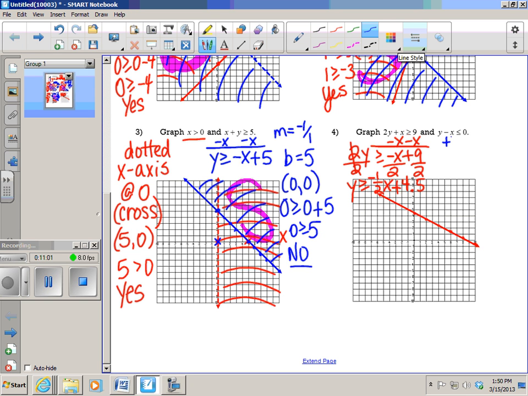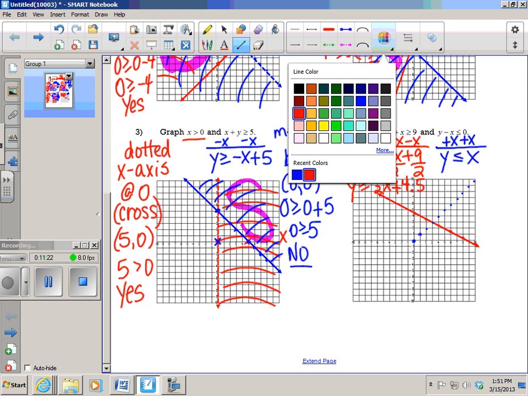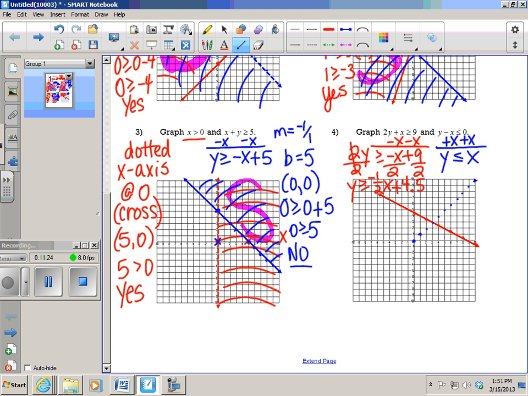And I am going to add x to both sides. So I get y is less than or equal to x plus 0, or just x. Now this is a line going through the origin with a positive 1 over 1 slope. This is another solid line in blue. That looks like that.